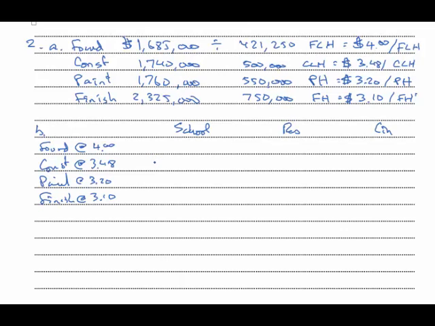The school had 39,550 foundation laying hours times our $4 gives us 158,200. Residential had 38,550 times $4, 154,200. And the cinema had 44,250 times our $4, 177,000.